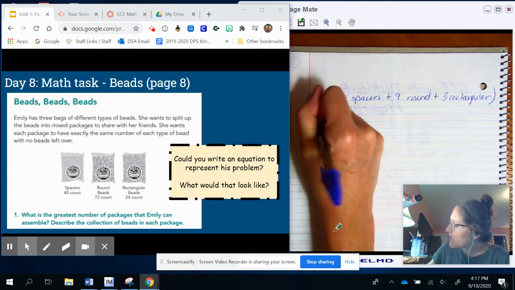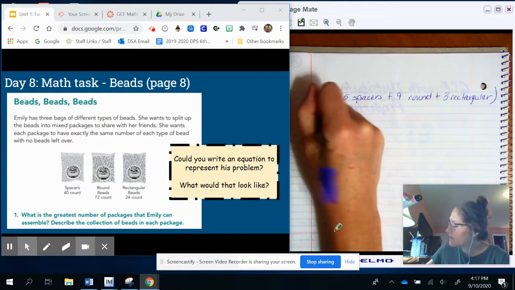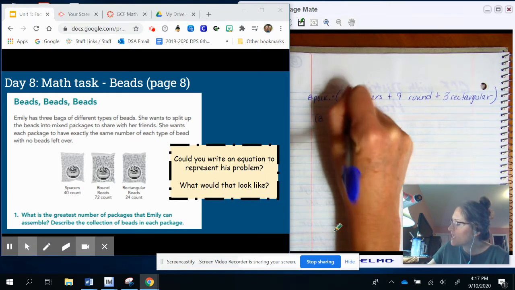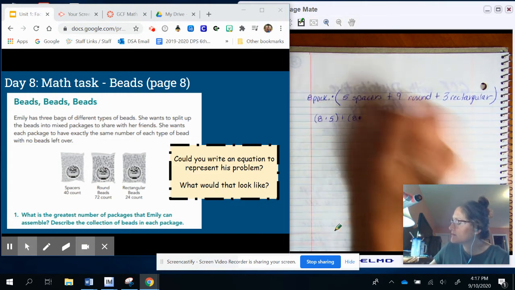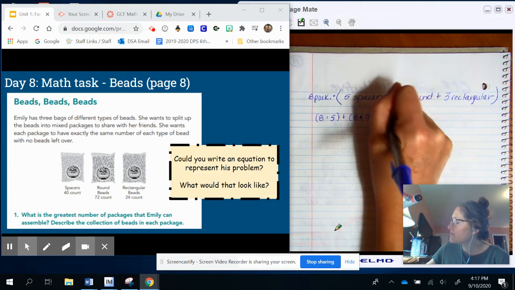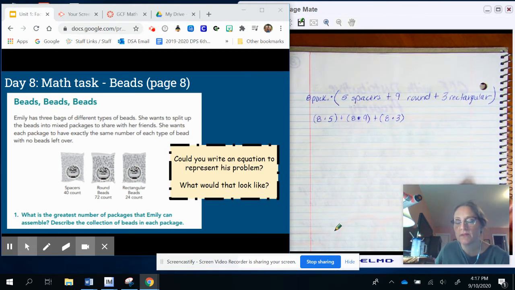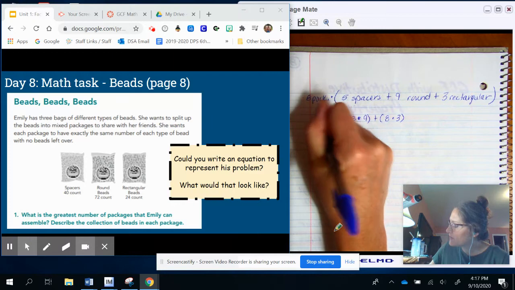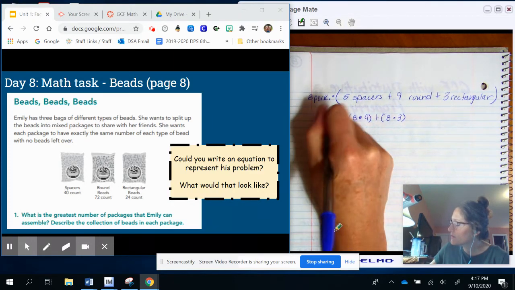So I have 8 packages of 5 plus 8 packages with the dot is multiplication, 9. And I have 8 packages with 3. So I have 40. 8 times 5 is 40.